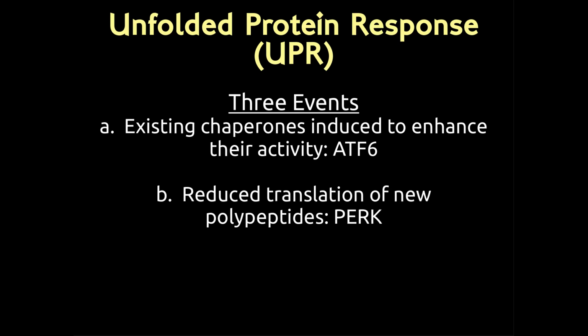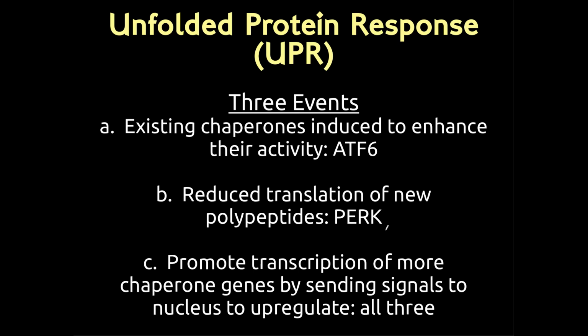Also, there's going to be a reduction in translation of new polypeptides. If you're making bad polypeptides that keep seeming to be broken, we don't want to make more. You don't want to keep accumulating these really poorly made polypeptides, whatever the reason. And that is going to be accomplished by PERK.